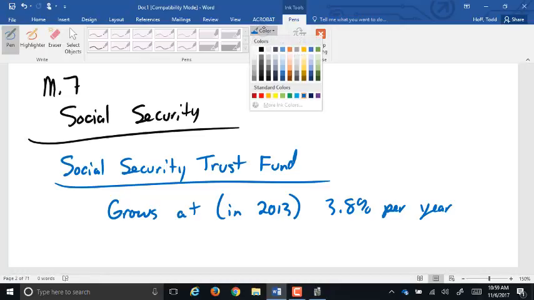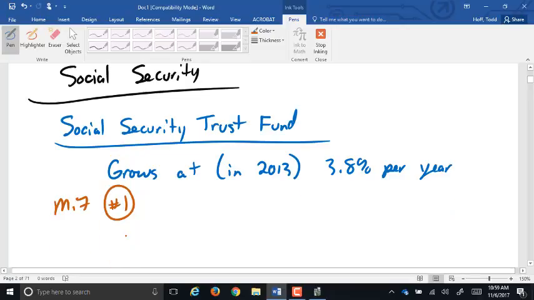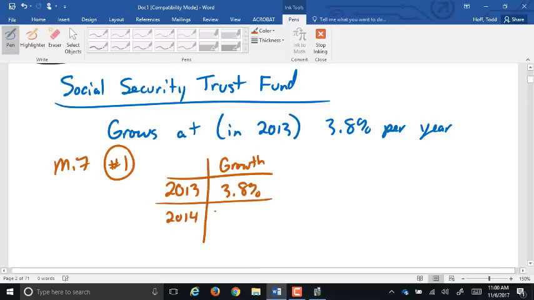Now, if you look at problem number 1 in M7, there's a table there that shows in 2013, the growth rate was 3.8%. In 2014, however, that growth rate was 3.6, and in 2015, it was 3.4.